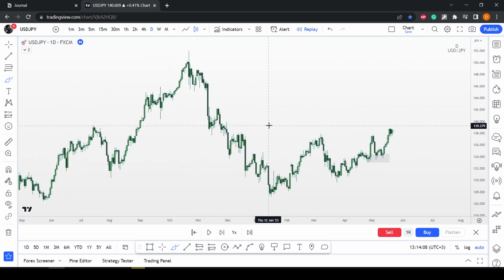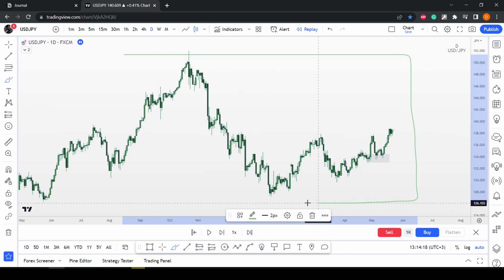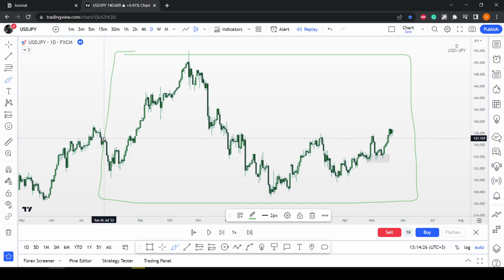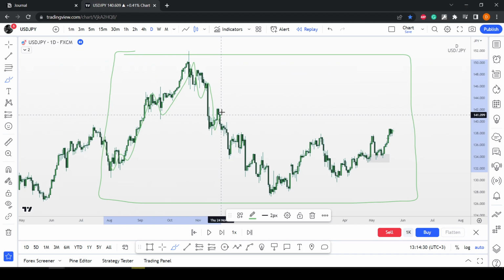Now let's go to the daily. If we look at maybe this portion of price action, what model could it be? For me, it is something like this: down, up, up, down, down, down, down, down, up, down, fractal up, and up.